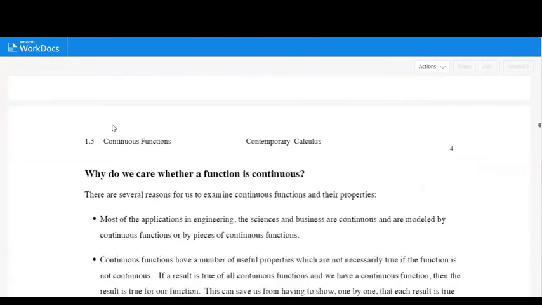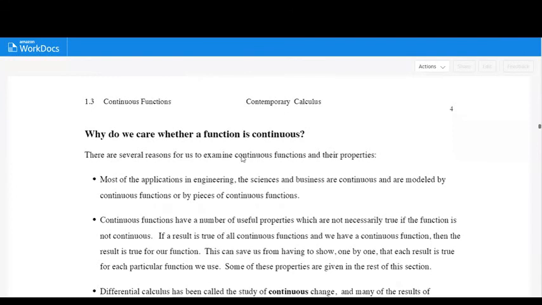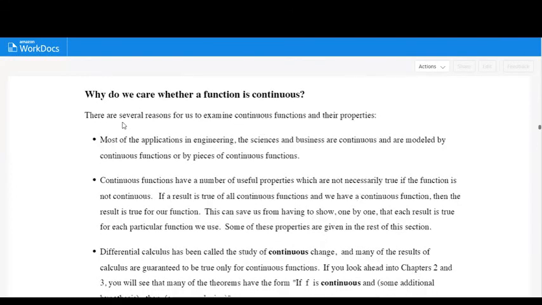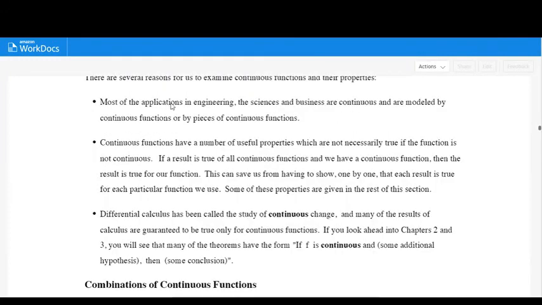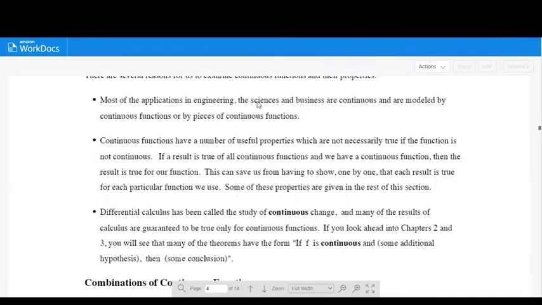Yan. Now, why do we care whether a function is continuous? Yeah, so there are several reasons for us to examine continuous functions and their properties. So most of the applications in engineering, the sciences, and business are continuous. And they're modeled by continuous functions or by pieces of continuous functions. So usually, yung mga nakikita natin or mga nangyayari sa paligid natin, they are modeled by continuous functions.